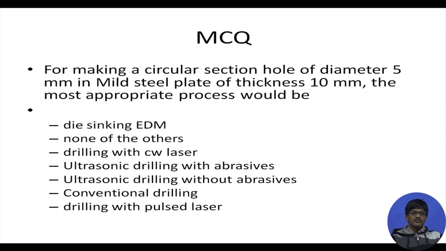The most appropriate process would be die sinking EDM, none of the others, drilling with continuous wave laser, ultrasonic drilling with abrasives, ultrasonic drilling without abrasives, conventional drilling, and drilling with pulsed laser.